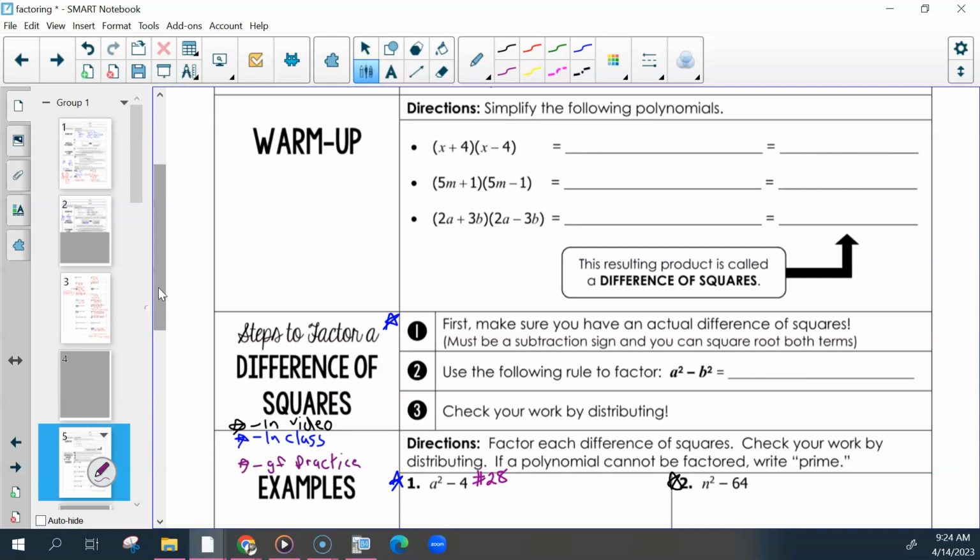Way back when we talked about multiplying binomials together and using FOIL or the box method, that's what we're going to do here. To multiply the first terms together, what would that give us? X squared. Multiply the outer terms together, x times negative 4, what would that give us? Negative 4x. Multiply the inside terms together, what would that give us?